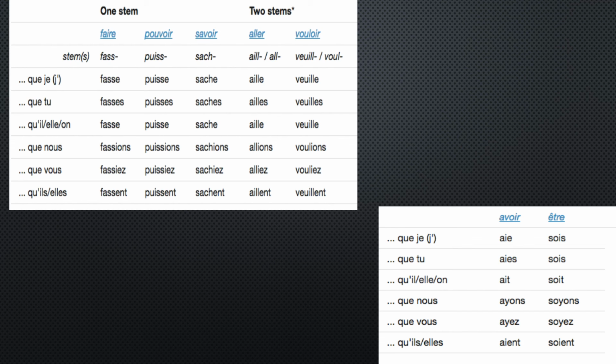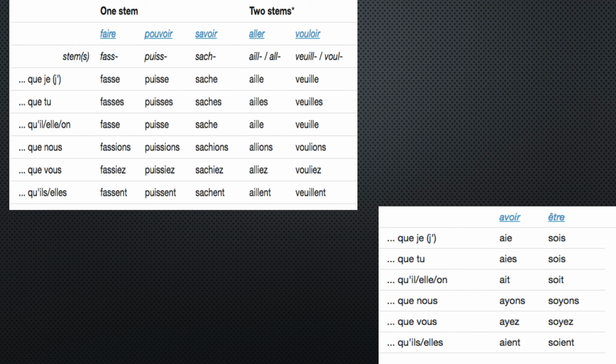The je, tu, il, and the ils, elles plural for avoir, their stem is ai, and all of them, except for the il, elle, on, follow the exact same guidelines for how you conjugate it as far as the endings go.